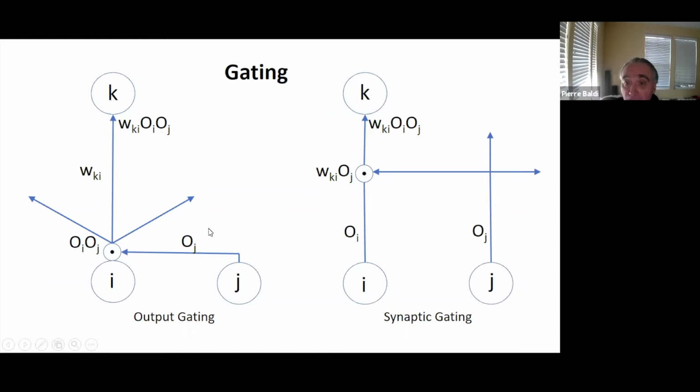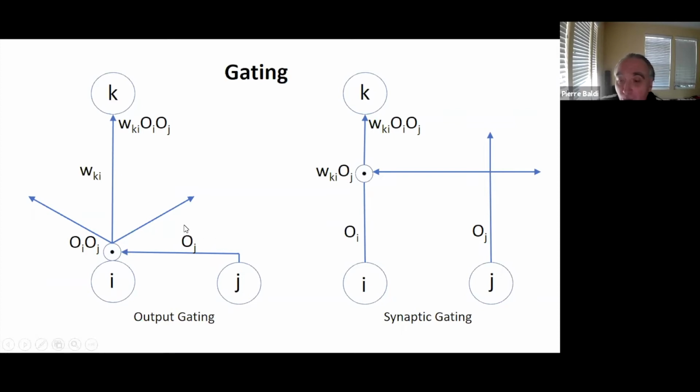The difference between these two mechanisms is that this one is very precise in terms of geography. You're just gating this connection, whereas here you're gating all the outputs of neuron I, and these get broadcast over all the connections that are coming out of neuron I. Of course, if there is only one connection coming out of I, the two mechanisms are equivalent.